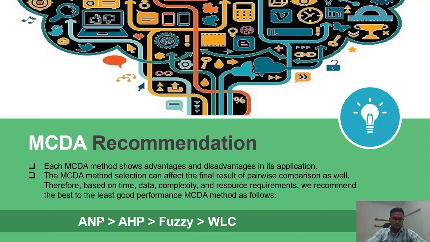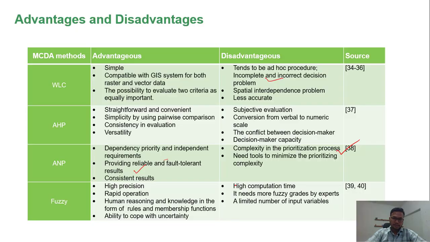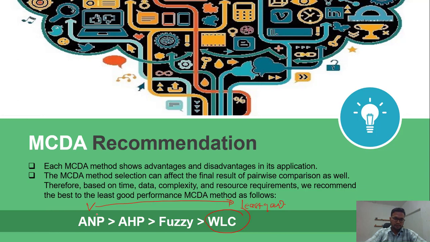So ANP is the best one based on time, data, complexity, and resource requirements. This is a good one, and this is less good, because WLC has these disadvantages like being less accurate for decisions. So if you want to utilize an MCDA method, you can use ANP, the best one, AHP, until the less good one.